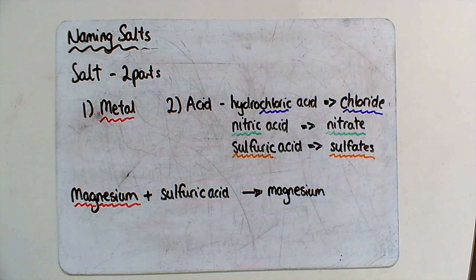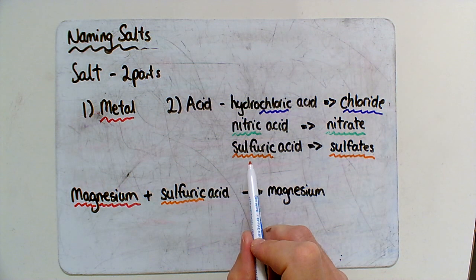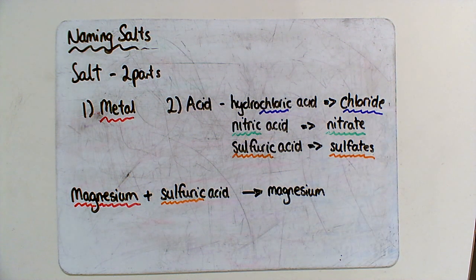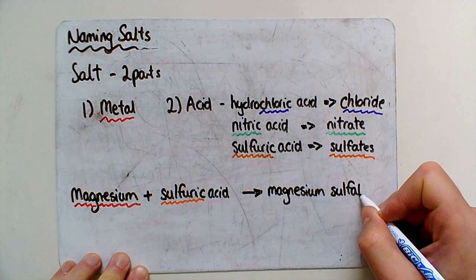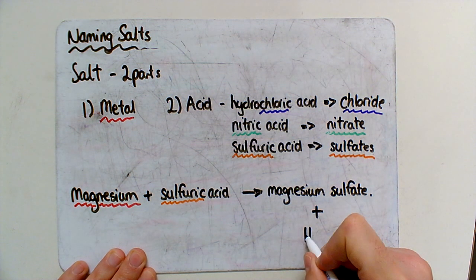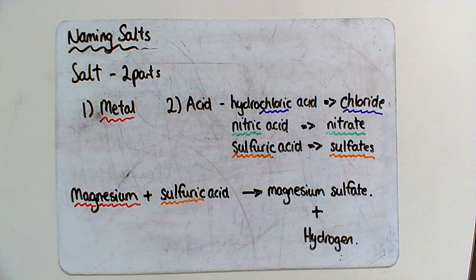And then we have got sulfuric acid. Sulfuric acid, we know the part that goes into the salt's name is sulfate. So it is magnesium sulfate. However, remembering our general equation, metal plus acid goes to salt plus hydrogen, we need to remember hydrogen.